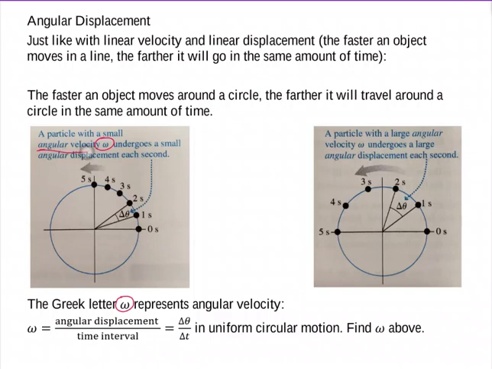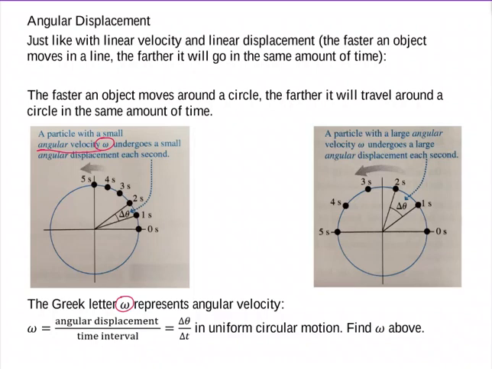We use V for linear velocity. We use omega for angular velocity. We also have an angular displacement. The angular displacement is theta. Okay, so we have theta, angular displacement, omega, angular velocity. We also have an angular acceleration, but we haven't seen that yet, so I'm not going to talk about it.